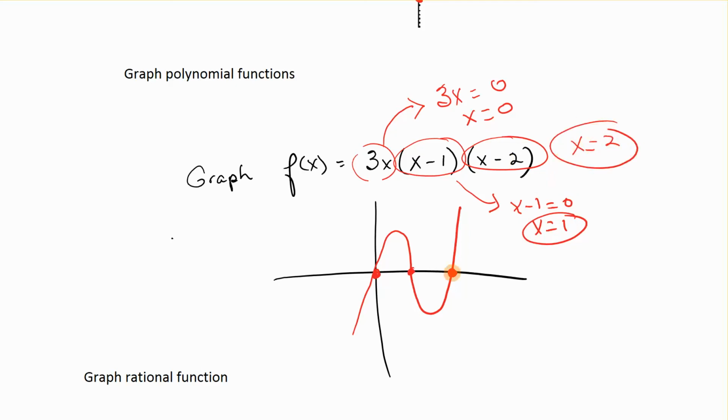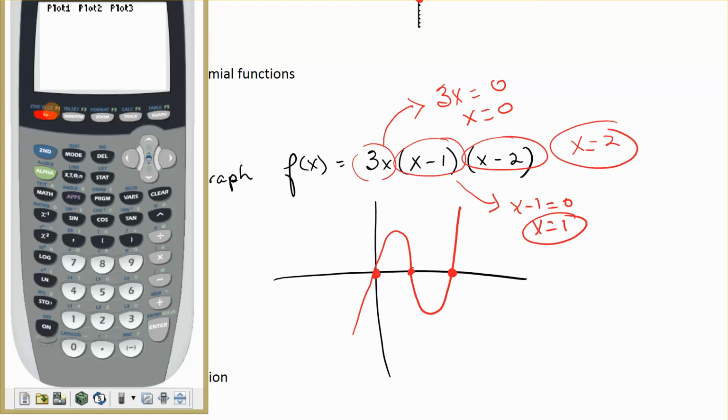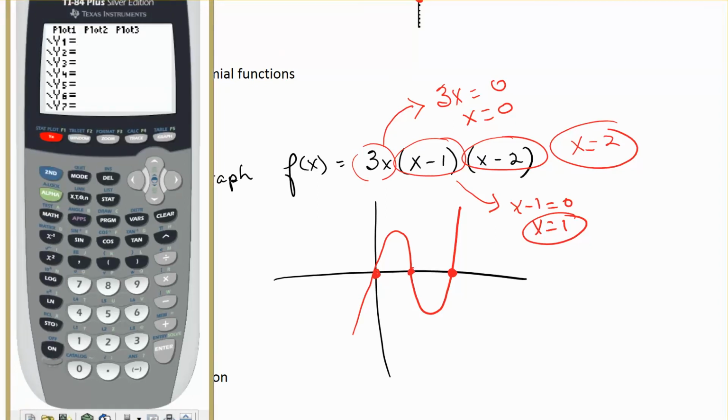So if you put a dot on x is 2, 1, and 0, then we could go to the calculator, and I'm actually going to pull that up just so you can see. We put this in just like it's listed, 3x times (x minus 1) times (x minus 2).